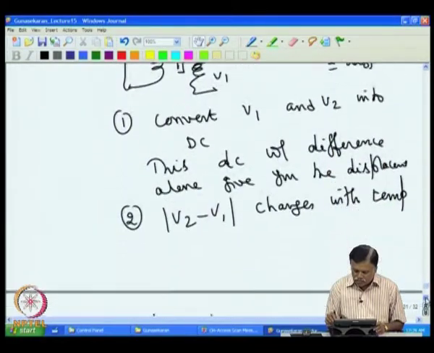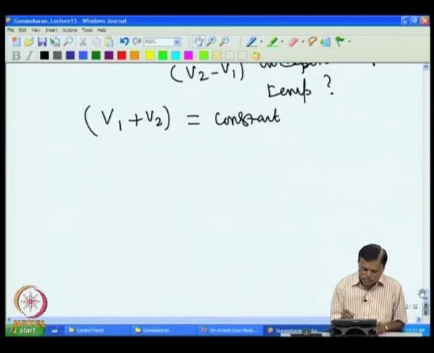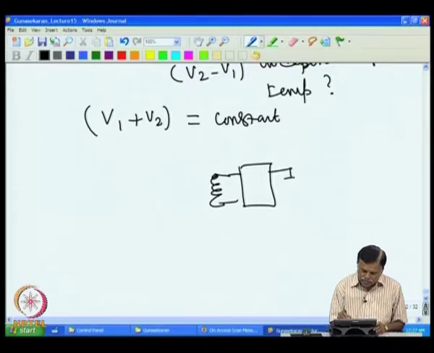So if I draw the block diagram of our proposed scheme, it will look like this. I take the two voltages. V1, I make it DC, I put a rectifier, then I get a DC voltage here. Then I take V1 here, this is the core, and this is the primary.